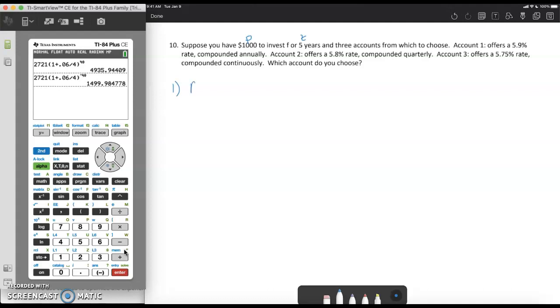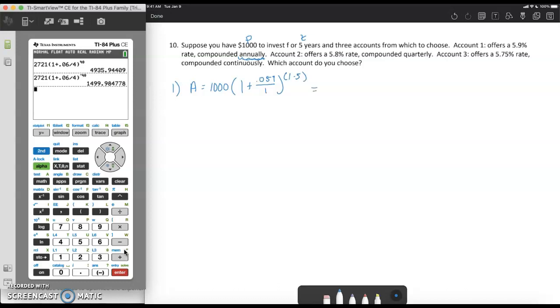So the first one would be set up as A equals the principal times the quantity 1 plus this rate, which is 5.9%, so 0.059, over, it's only being compounded annually, so 1 time per year, to the 1 times 5 years.